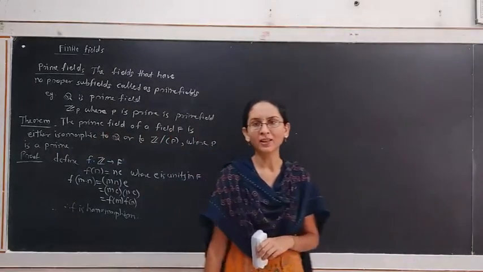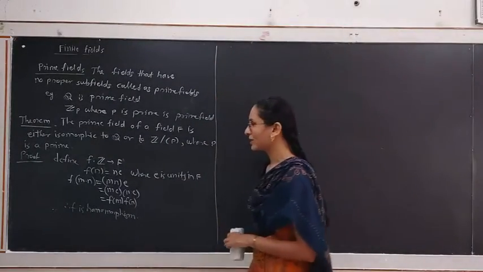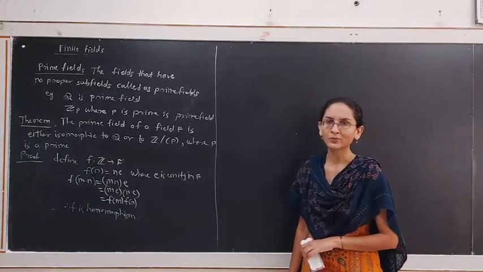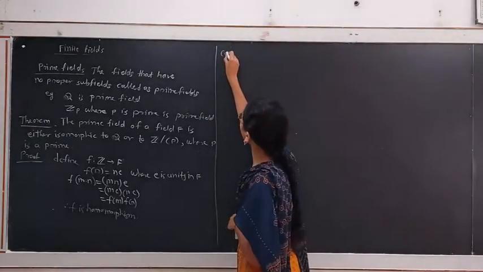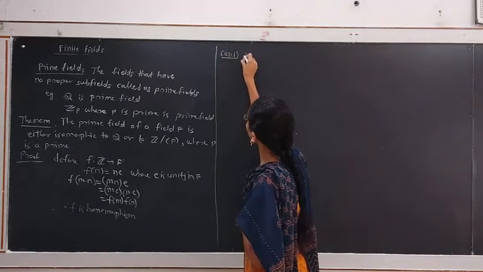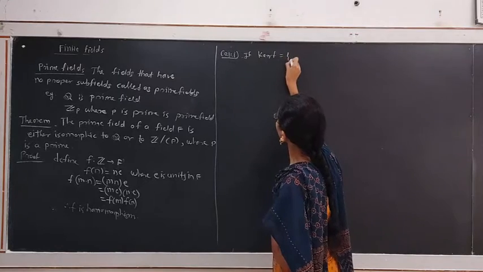Next, we find the kernel of f. We know the result: if the kernel of f is 0, then f is a 1-1 mapping. Case 1: the kernel of f is equal to 0.